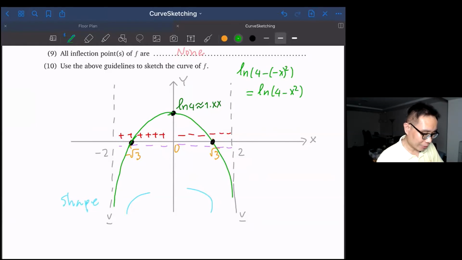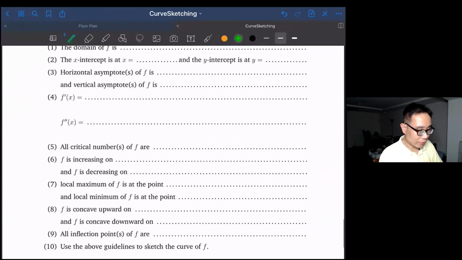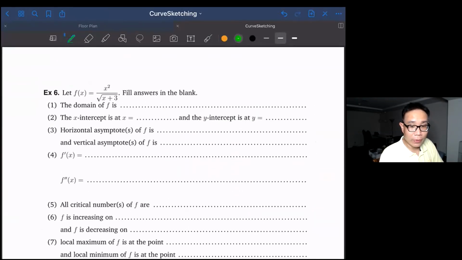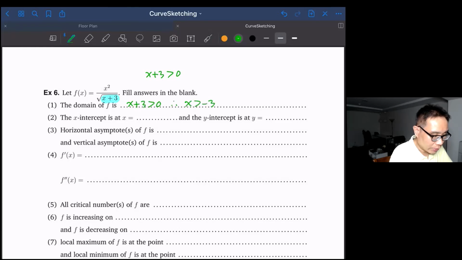Okay, let's do the last one. For the last one, you have f(x) equal to x squared over the square root of x plus 3. The domain will be just, you have the inside of the square root positive. So you have x plus 3 positive, so you get x is more than negative 3.